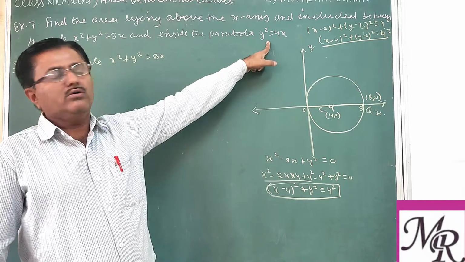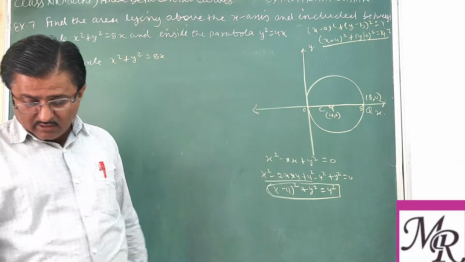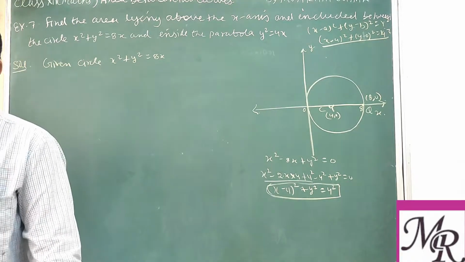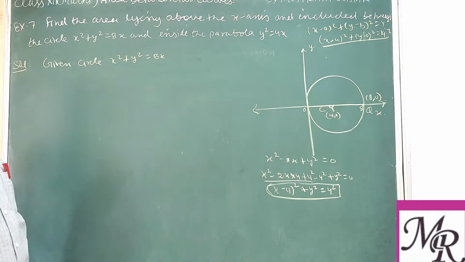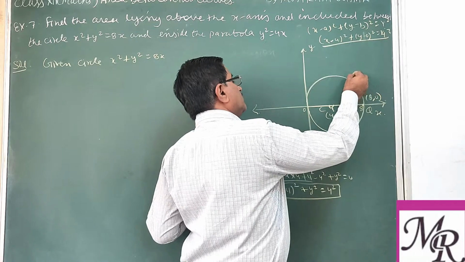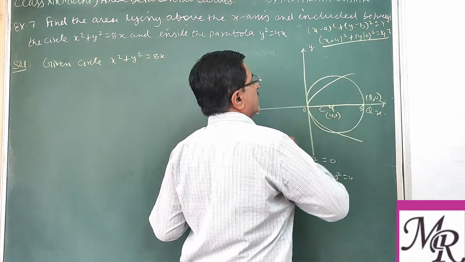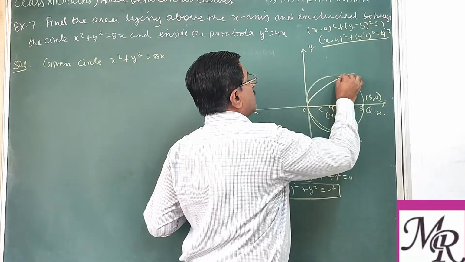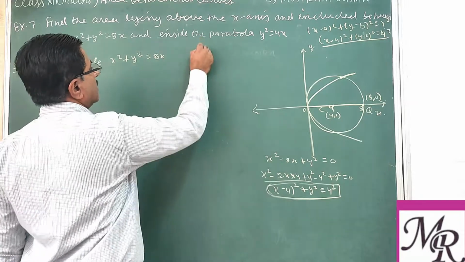As you already know, y² = 4x is the parabola along the positive x-axis, the axis of the parabola is the x-axis. So we may draw like this, passing through the origin. So now you also have to find the point of intersection of the circle.